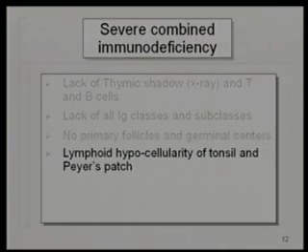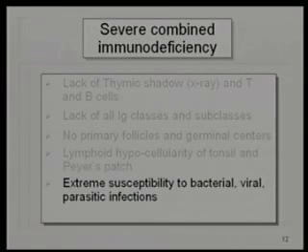Lymphoid hypocellularity of tonsils and Peyer's patches will be a characteristic feature of these individuals. They will be extremely susceptible to all infections, be they bacterial, viral, or other pathogens. That's why those babies are kept under sterile conditions, and sometimes they are referred to as bubble babies, which you probably have heard of.